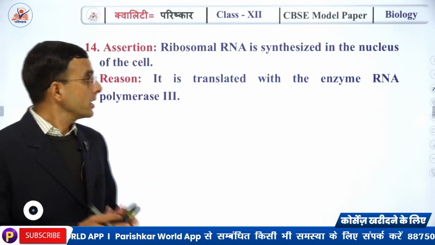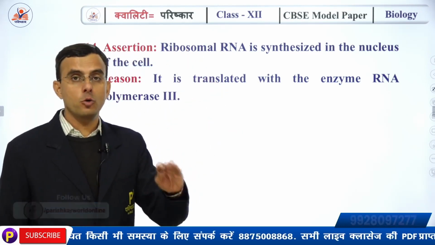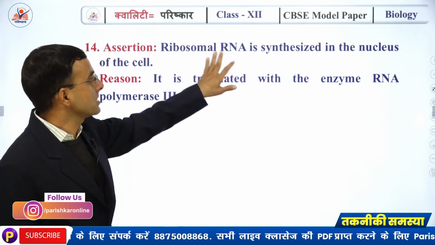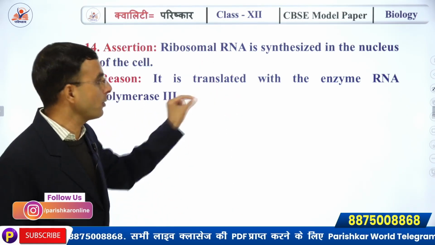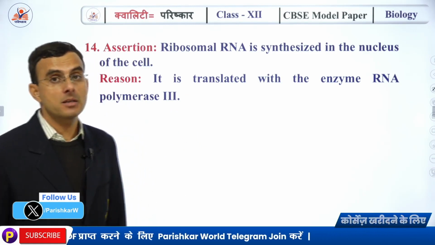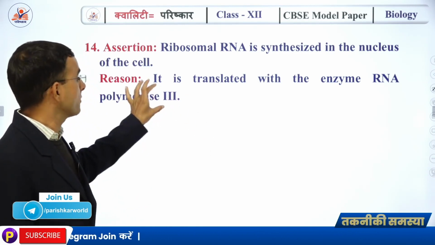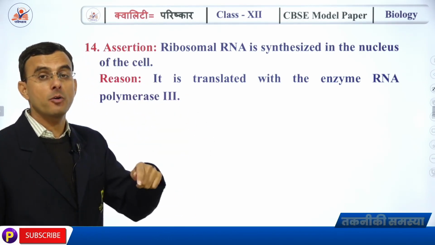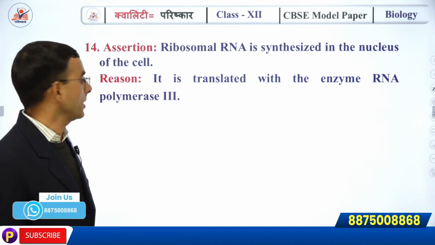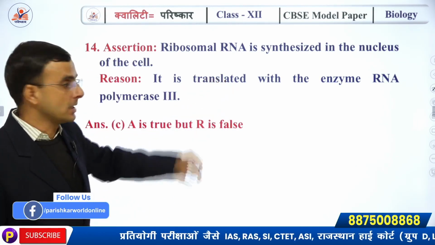It is true that ribosomal RNA is synthesized in the nucleolar organizing region, in the nucleus. But the problem is that it is not synthesized by RNA polymerase III; it is synthesized by RNA polymerase II, which is the enzyme responsible for mRNA synthesis, not ribosomal RNA. So the right answer is: A is true but R is false.